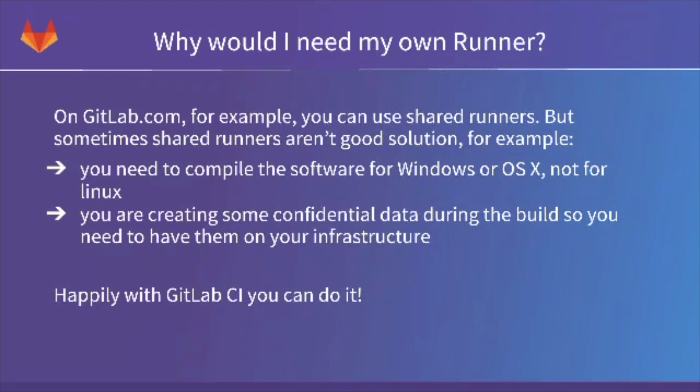But if you need, for example, to build your project on a different platform, say you want to build your iOS application, most likely the shared runners provided with the GitLab installation will just not be enough. In the second case, you may want to keep confidential data on your infrastructure. Let's assume you have a pretty important deployment, you have access to specific production servers, and you don't want these servers to be exposed to an outside network.